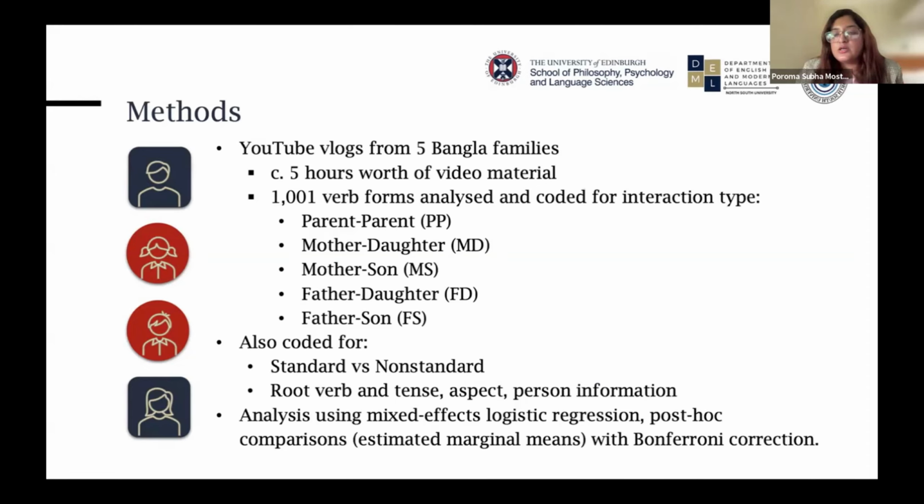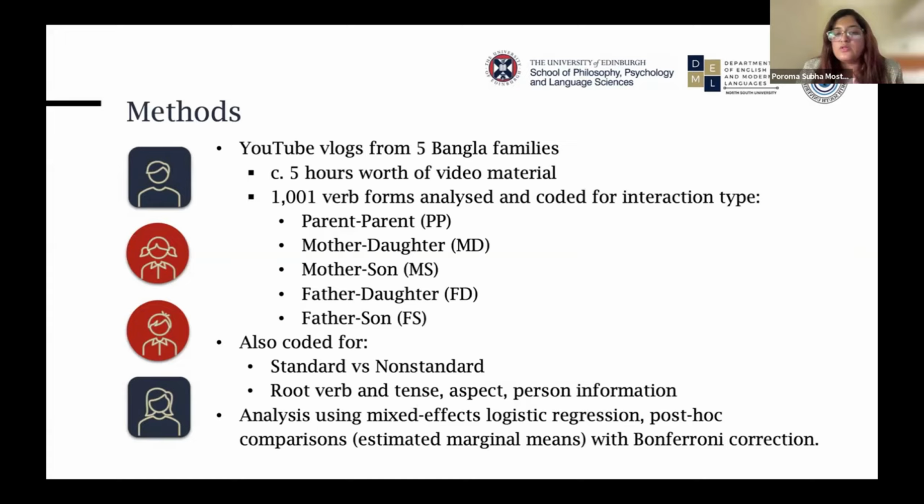So this was a corpus linguistics based research where I had a whole corpus of data in which we coded which variety was the standard one, which verbs were standard and which were non-standard, and how the root verbs associate with tense, aspect, and person.